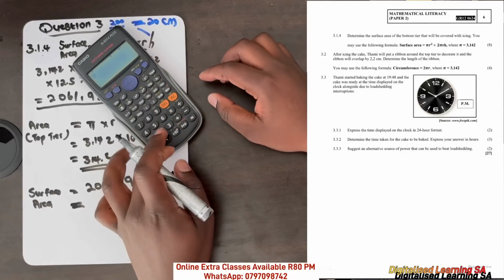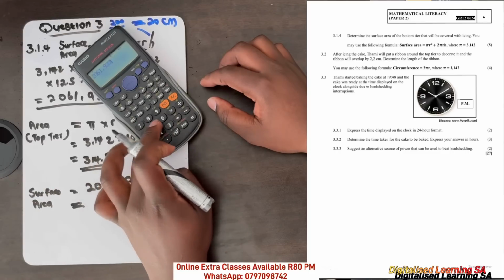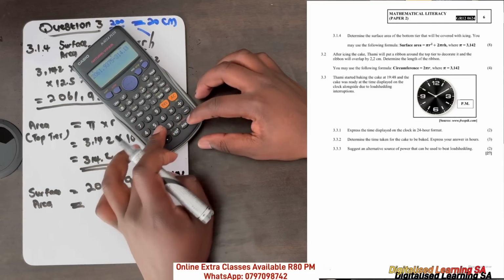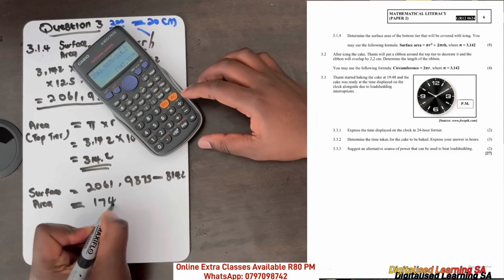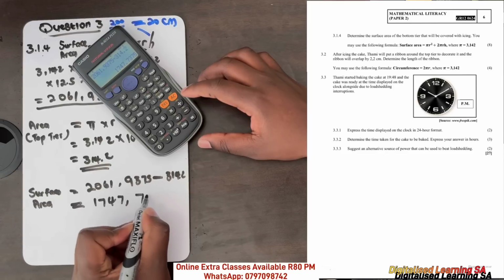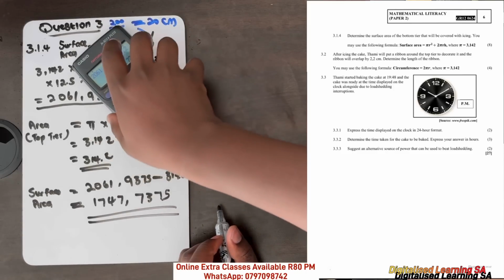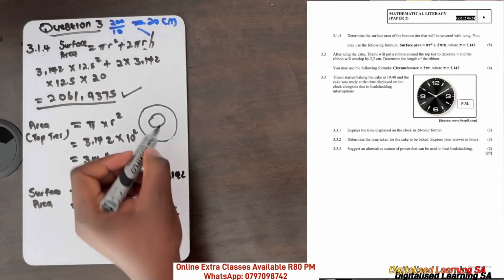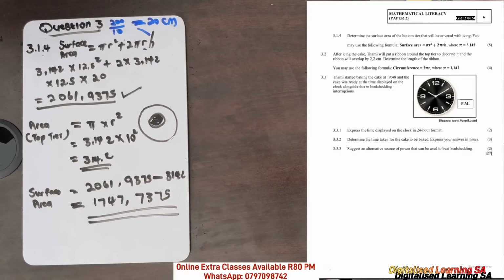It will be 2061.9375 minus 314.2, and our answer will be 1747.7375. So this is our surface area of the bottom tier. So we have removed this part. It's like we have removed icing on this part that does not have icing.